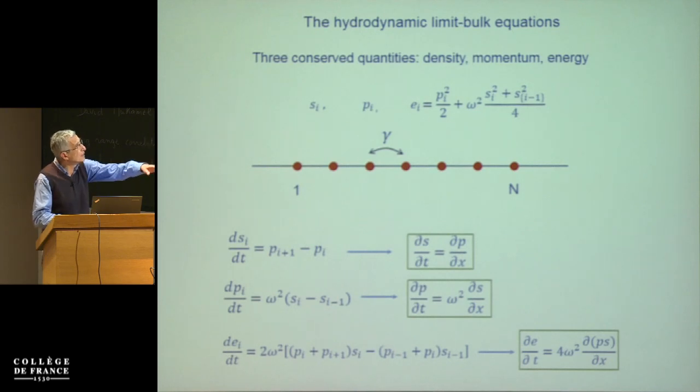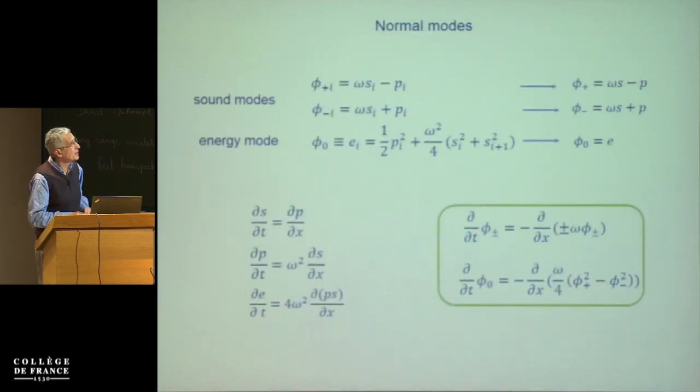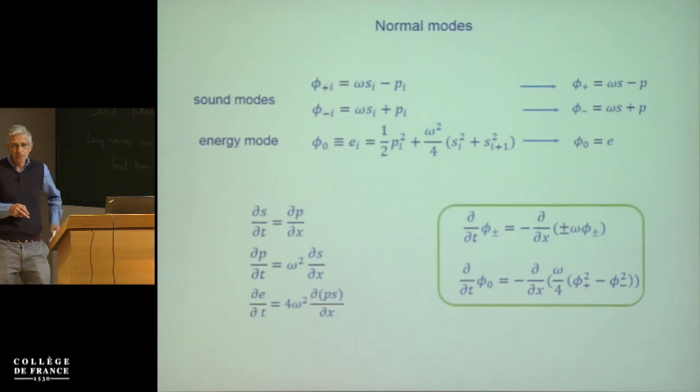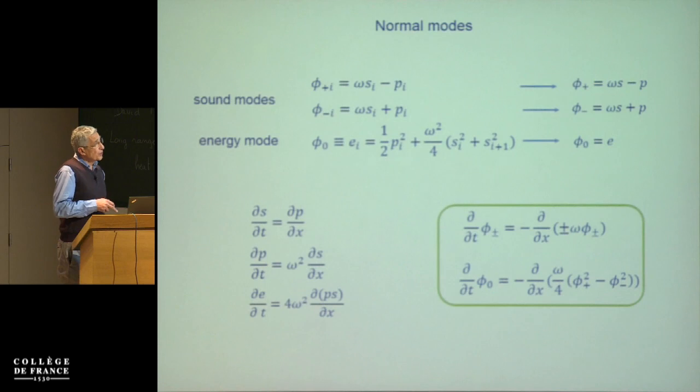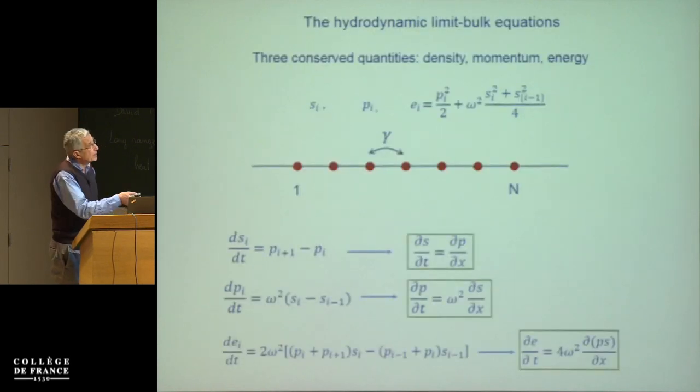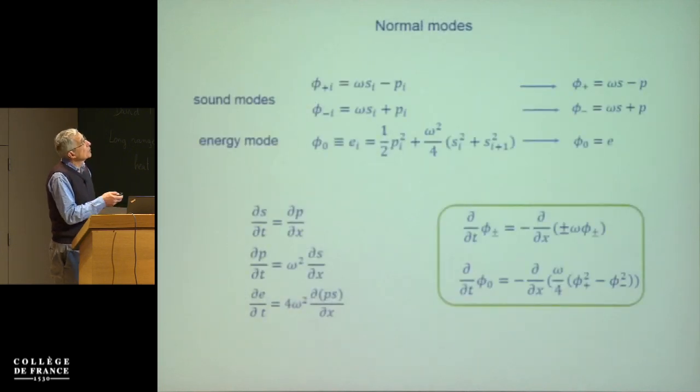But let's look at it as just dynamics that come from the Hamiltonian, from the interaction. So you have three modes, but they are coupled, right? This ds/dt is coupled to the p, and the p is coupled to the s, and e is coupled to both. So you want to diagonalize them. So you define the three eigenmodes, or normal modes, of this system.